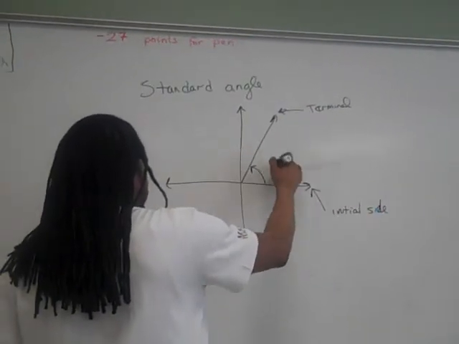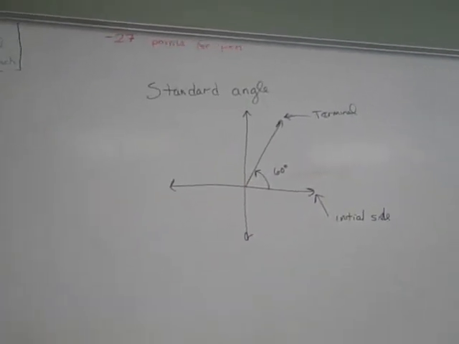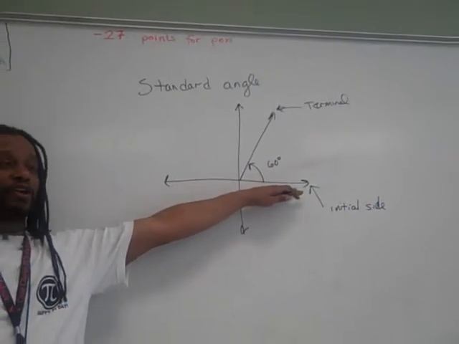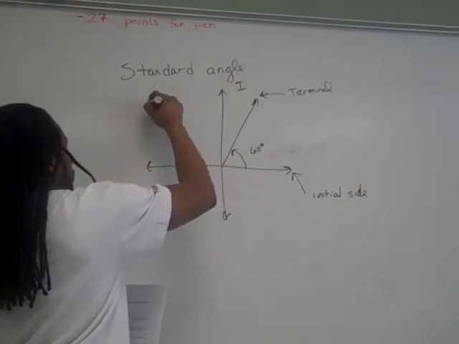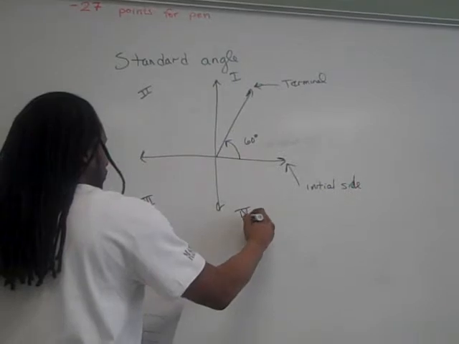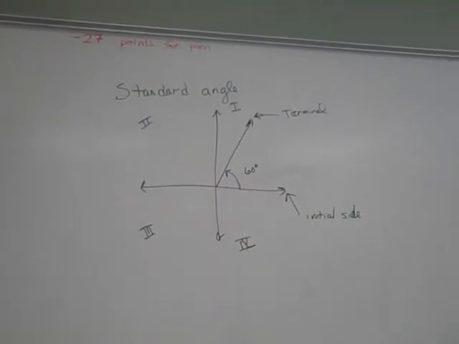Let's say that that's 60 degrees. Okay, so that is a standard angle. It starts on the positive side of the x-axis and goes counterclockwise as your quadrants go. Okay, that is a standard angle.